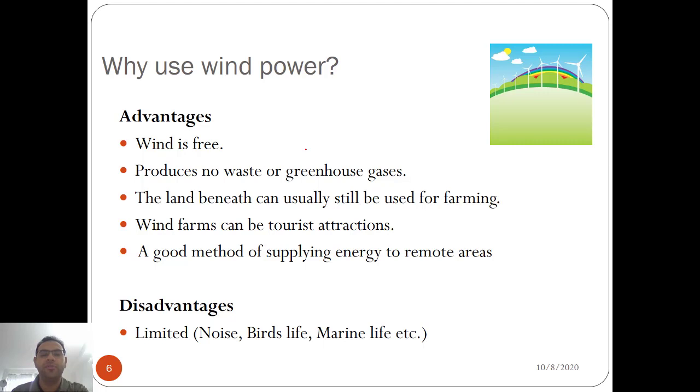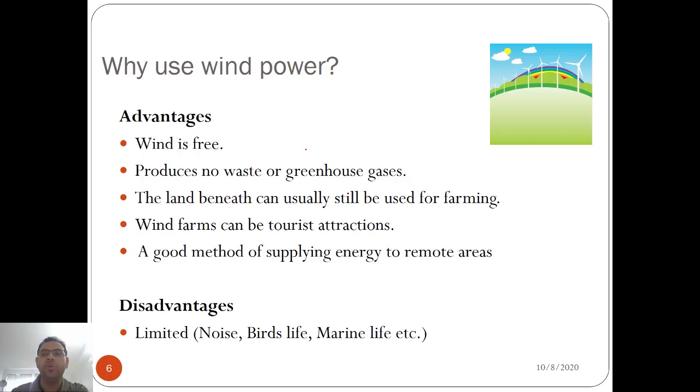I will just give you a brief overview of these advantages: it is free, and it produces no waste or greenhouse gases. The land beneath it can be easily used, even if it's offshore, so you can even save land space, and they are very attractive in looks. They can also be used as tourist attractions, as in Holland, where there are a lot of wind farms. And where there is no electricity or electric grid available, this can be the best solution.